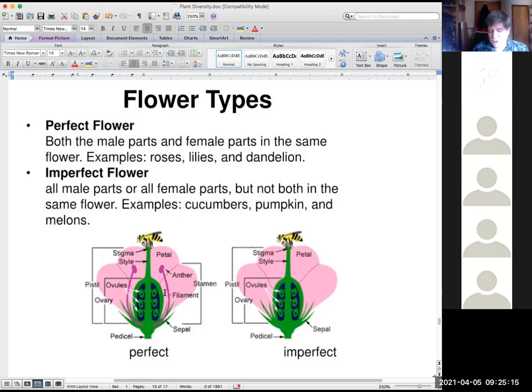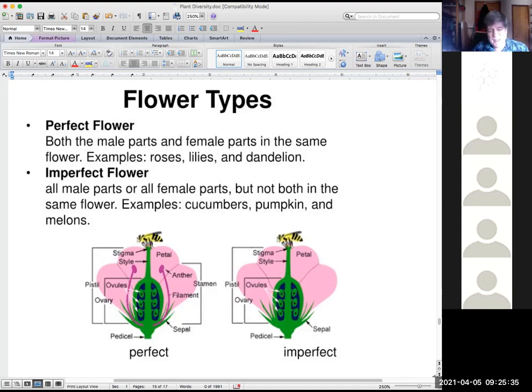Now, the other structure, which is kind of up above the stamen, is something called the pistil. And the pistil has three distinct parts. Up on the top, it has a stigma. This one shows a stigma with what looks like a bee attached to it.